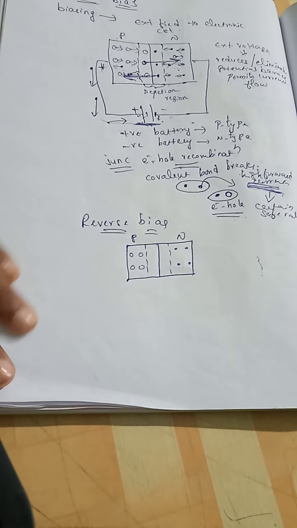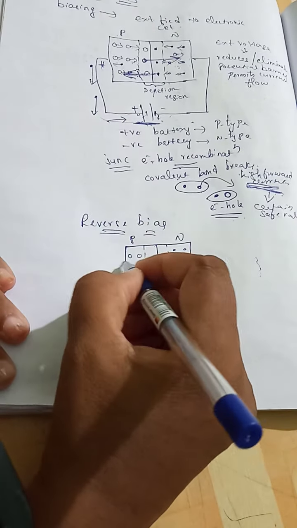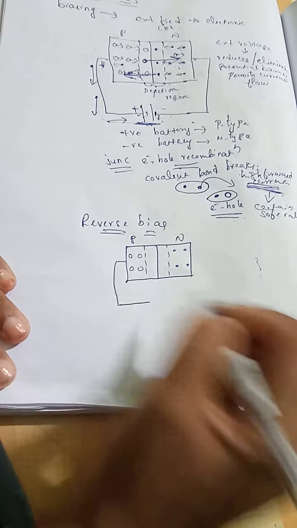Now here, in reverse bias, the negative terminal of the battery is connected to the P type and the positive terminal of the battery is connected to the N type.